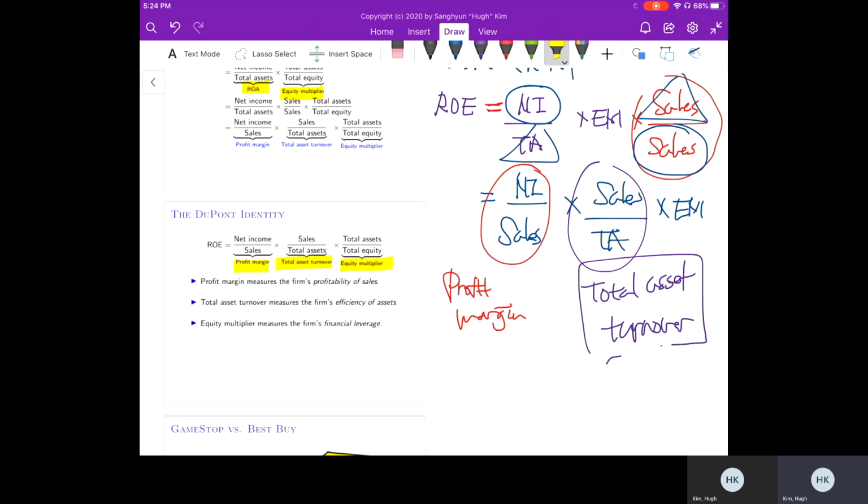And equity multiplier measures the firm's financial leverage. And this decomposition is known as the DuPont identity, named after DuPont, the chemical company, who popularized its use in financial analysis for their internal evaluation of their divisions, which turns out to be very powerful.